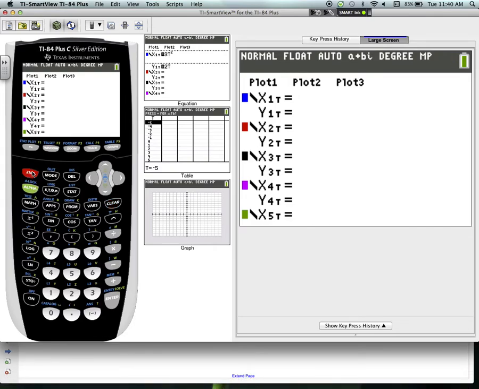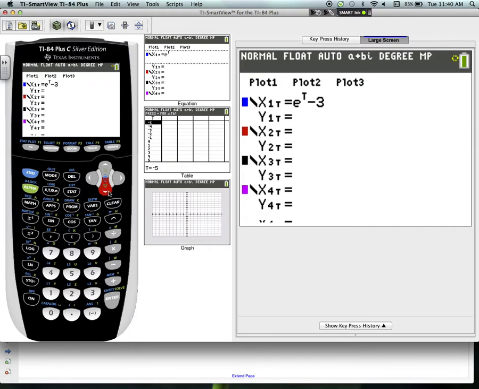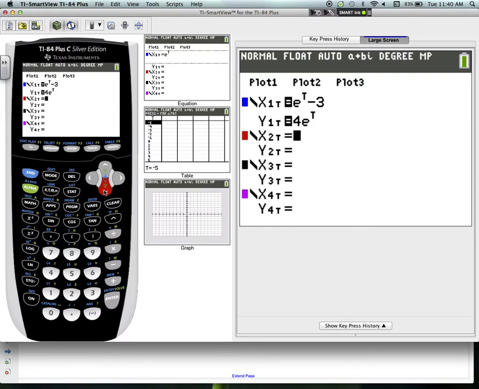Plug both in. So if you hit second ln, that's going to give you the e to the x button. And then for second ln, e to the t. You should follow along with this to make sure your calculator is able to do the same. See if there's any issues that come up that we can address in class.